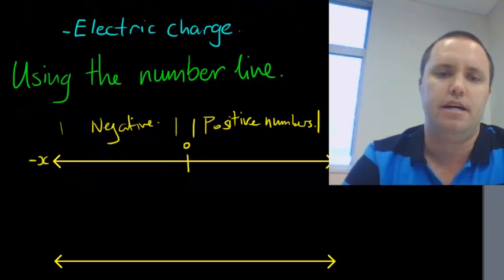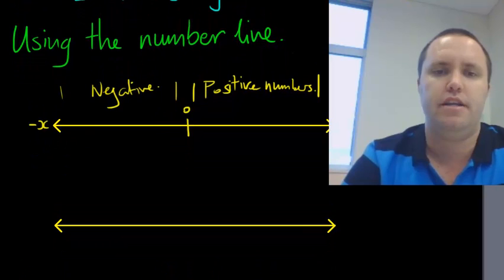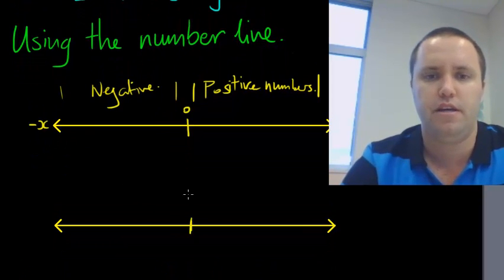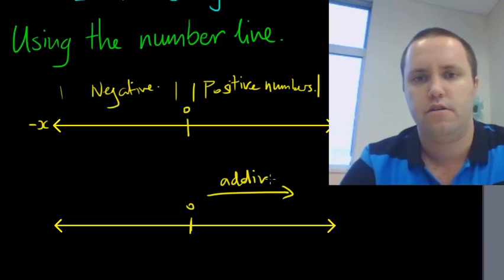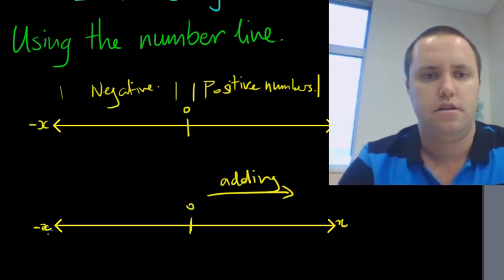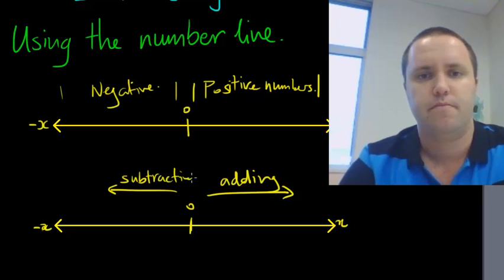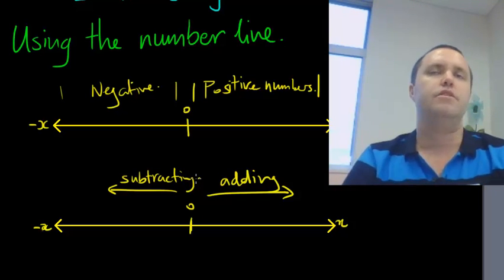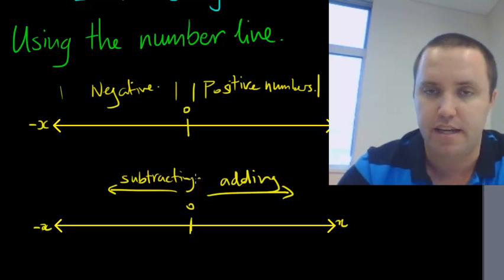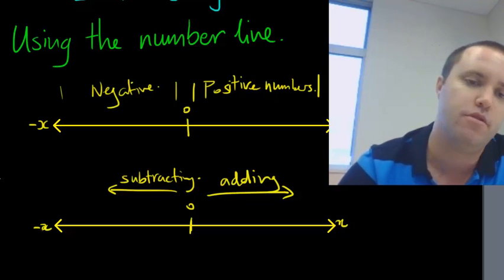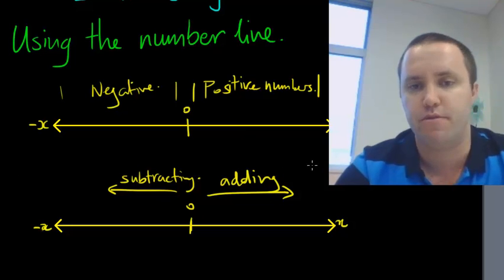And remember that when we use our number line, you move this way to add, and you move this way when you're subtracting. Now, not necessarily into the negative numbers. You can subtract and still stay positive, and you can also add and still stay negative. But when we subtract, we move this way in the line. When we add, we move this way.